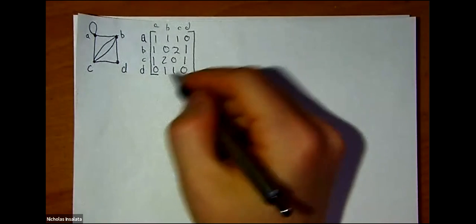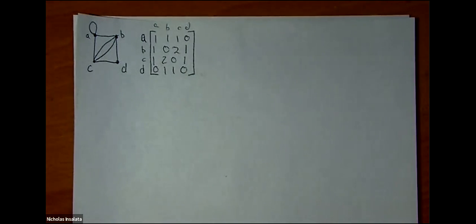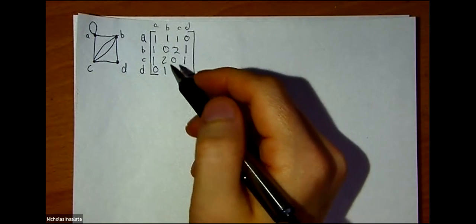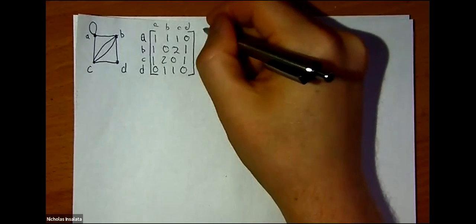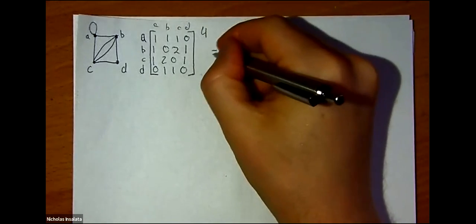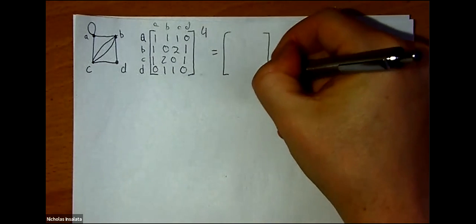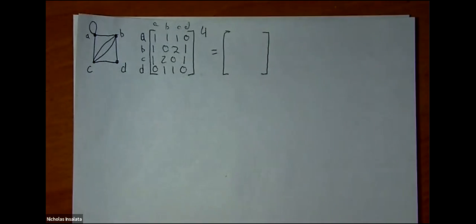Now here's what I'm going to do. I'm going to take this matrix and exponentiate it, raise it to a power. When I raise this to a power, like let's say the 4th power, what's going to be the size of the matrix that I get out as a result? What will be the dimensions of that table of numbers?